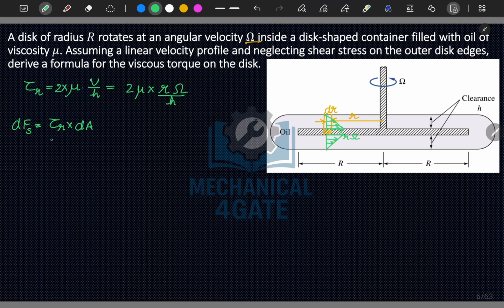This equals 2 mu times r omega by h times dA. For dA, the circumference is 2 pi r, and multiplying with dr gives dA.